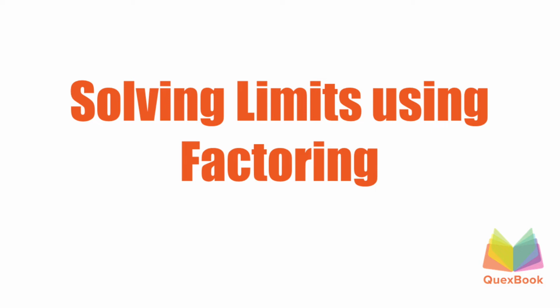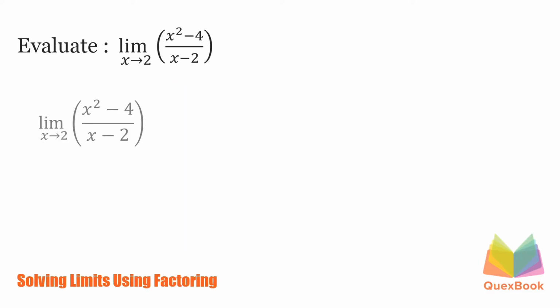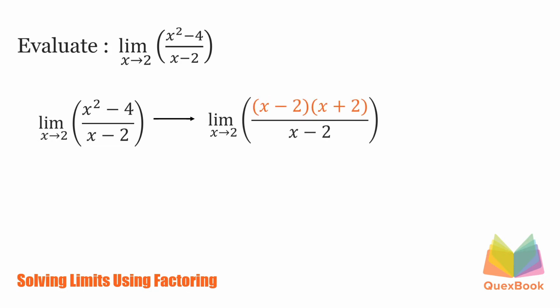Now looking back to our function, we have the limit of x squared minus 4 over x minus 2 as x approaches 2. So we can factor the numerator. Factor x squared minus 4, so we'll be having x minus 2 and x plus 2. For the denominator, there's nothing to factor, so let's simplify our function.